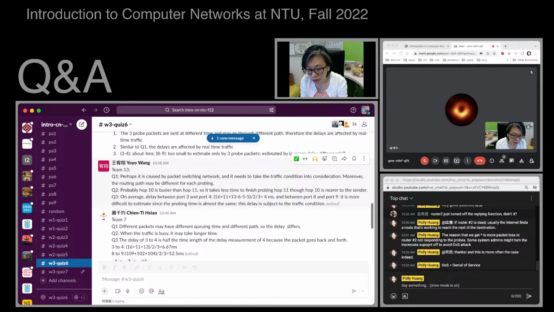It's more difficult because it's just the sum. Estimate since probing time is almost the same. The delay is subject to the traffic condition. Yeah, between hop 8 and hop 9, team 13 is also a little bit reserved to use just these three numbers. So you probably would try to measure a longer time or something like that. Take more measurements.